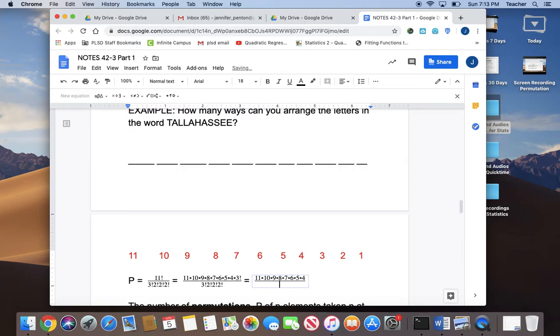And so then on the bottom, I canceled my 3 factorials, so I would have 2 factorial times 2 factorial times 2 factorial. And so 2 factorial is 2 times 1. So this right here on the bottom is really 2 times 1. I didn't change that. It's the same as 2 times 1 times 2 times 1 times 2 times 1.